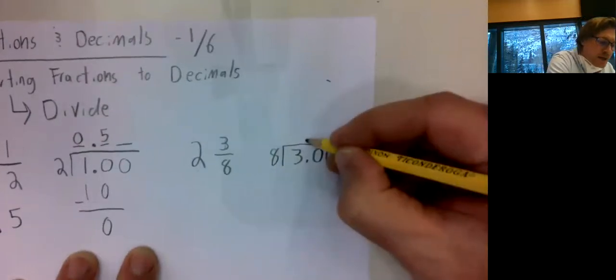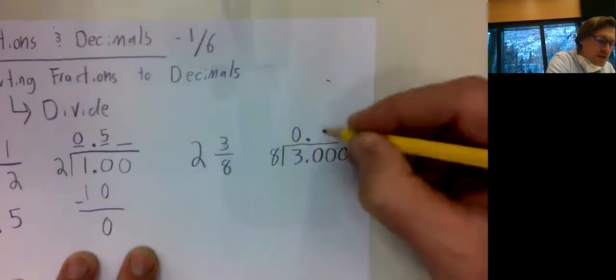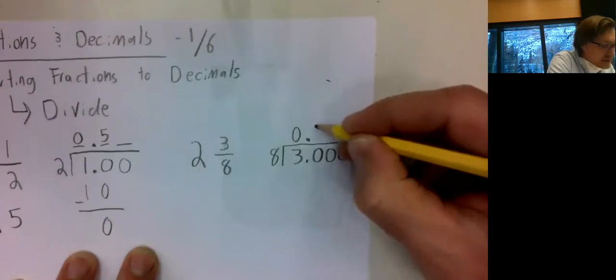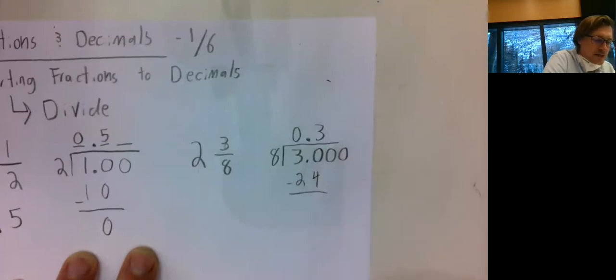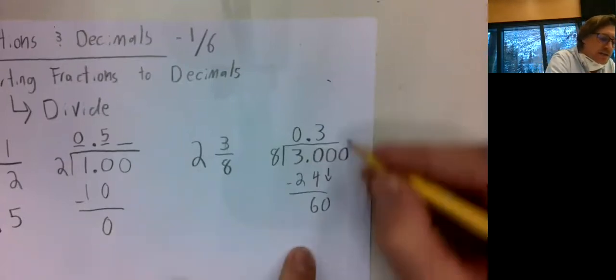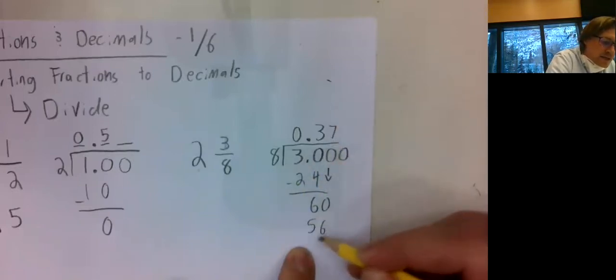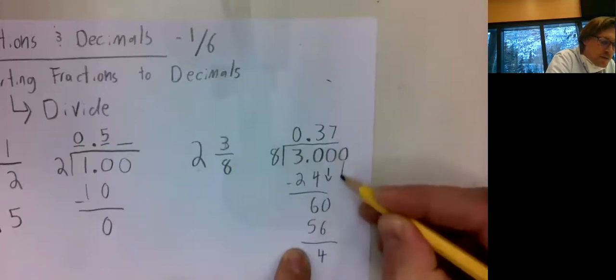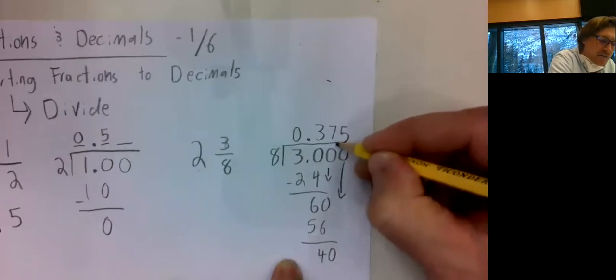And now I'm ready to divide. 8 goes into 3 0 times. 8 goes into 30 3 times, yes, 3. 3 times 8 is 24. Subtract. I got 6 left over. Bring down this 0. 8 goes into 60. I think that's going to be 7 times, because 7 times 8 is 56. Subtract, 4. Bring down that last 0, and 8 goes into 40 5 times.